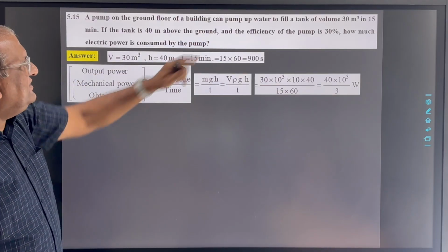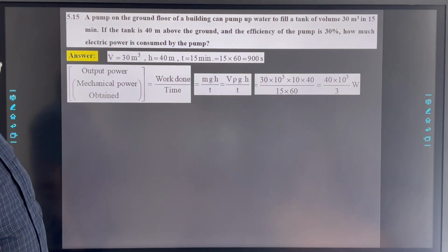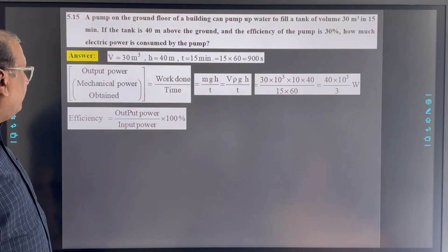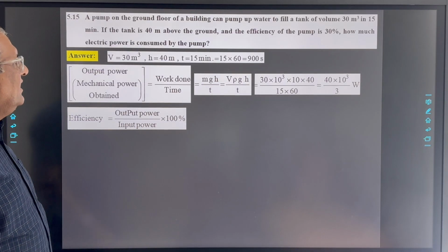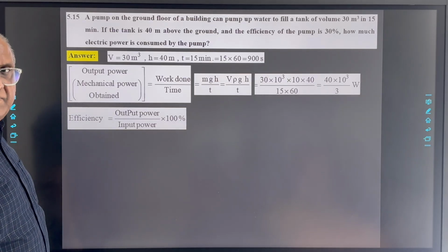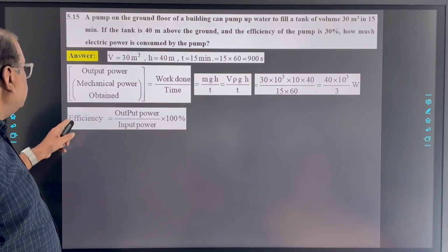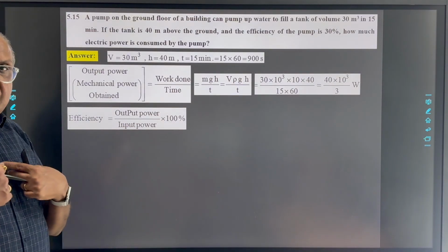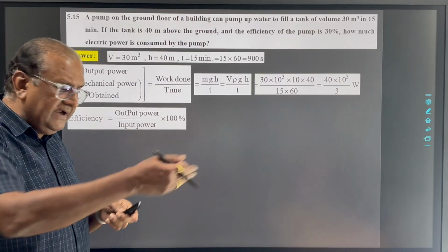Now efficiency is given to you. Efficiency is output power upon input power into 100, so that is in percentage. Now we want to calculate the input power, that is the electrical power which we supplied.